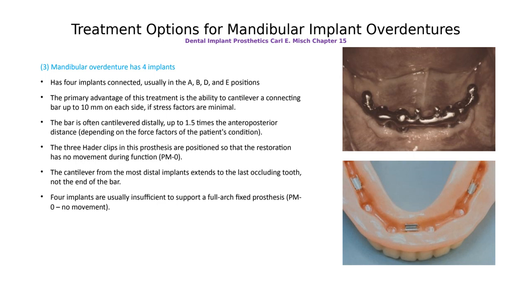The bar is often cantilevered distally up to 1.5 times the anterior-posterior distance, depending on the force factor and the patient condition. So sometimes we have patients who have a strong bite or they have bruxism, and we have to be careful to maintain that distance posteriorly on the bar.